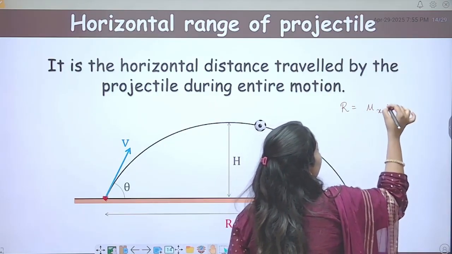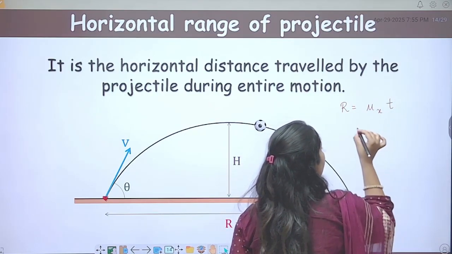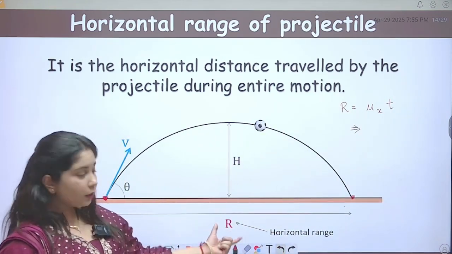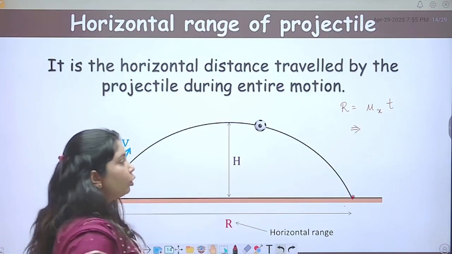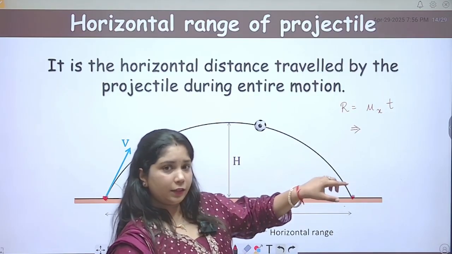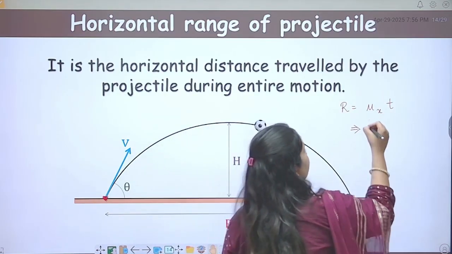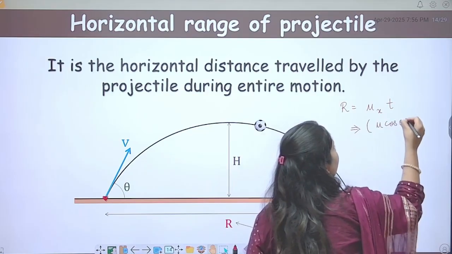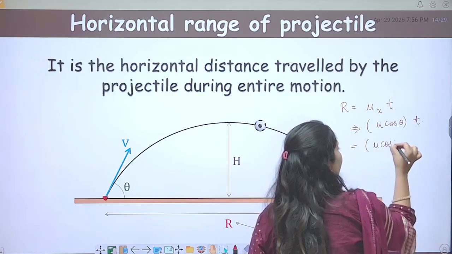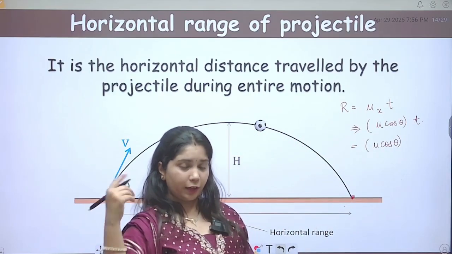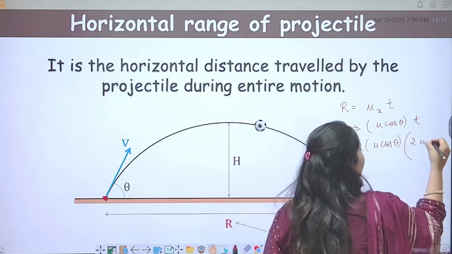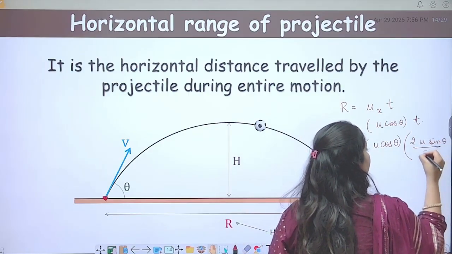So, displacement is velocity into time. Range is what? Displacement. So displacement equals velocity into time. And what is ux? The x component is u cos theta. So it is u cos theta into t. Now if I put the formula for time of flight, it comes out to be 2u sin theta by g.